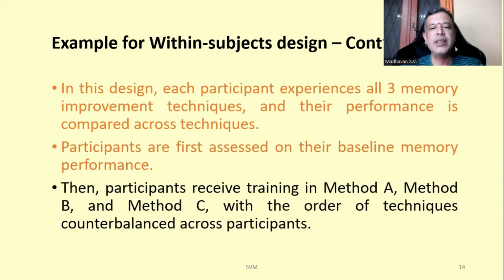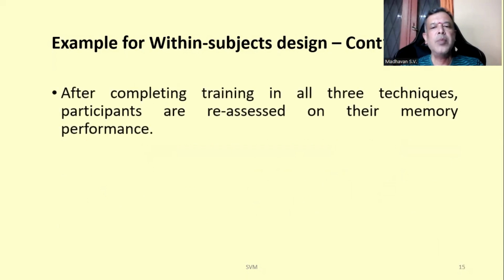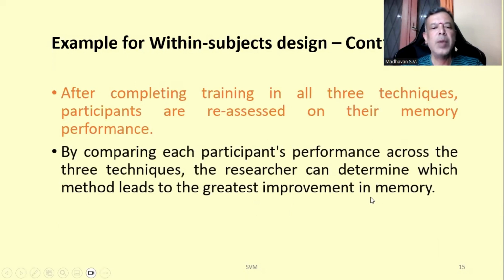Then participants get the training in method A, method B, and method C, with the order of techniques counterbalanced across participants, meaning shuffling the methods among the participants, right? After completing the training in all three different techniques, participants are reassessed on their memory performance. By comparing each participant's memory performance across the three techniques, the researcher can determine which method leads to the greatest improvement in memory.